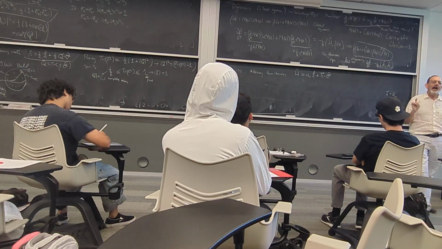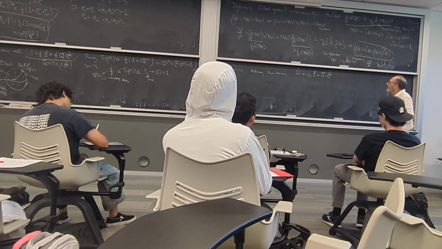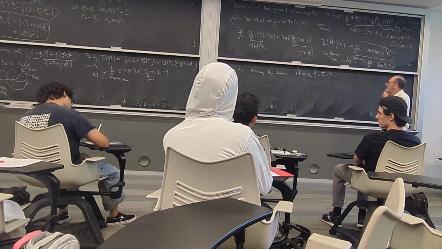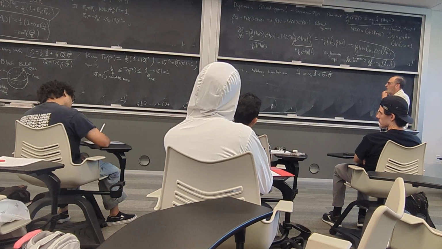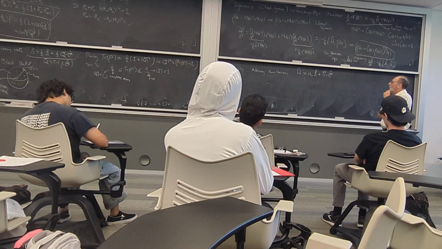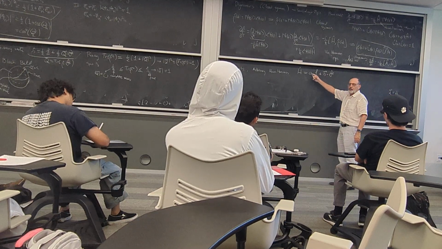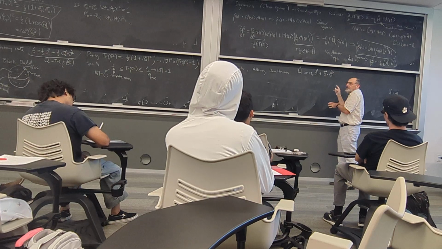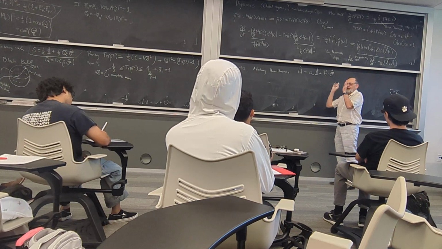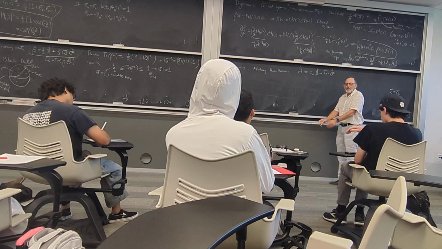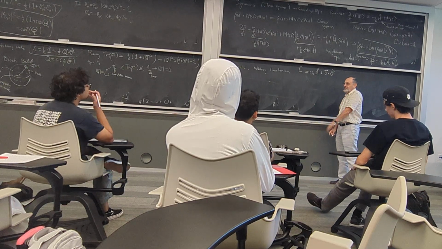It doesn't matter what the operator is. Everyone with me? Wait, but if it's arbitrary, that means it can be time dependent. Well, I could have time dependence. These could be time dependent coefficients if I want. But it's still the case at any time there's some amount of the identity, some amount of sigma x, some amount of sigma y, some amount of sigma z, because that is a basis.